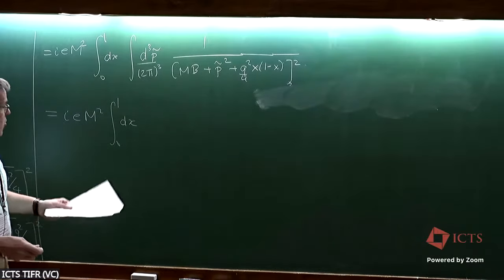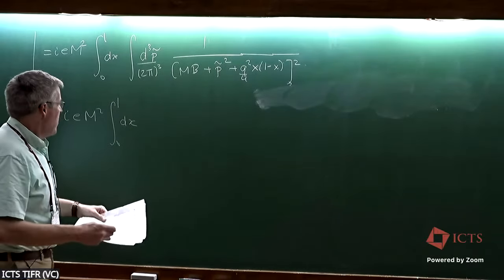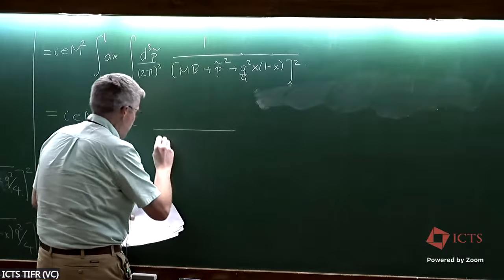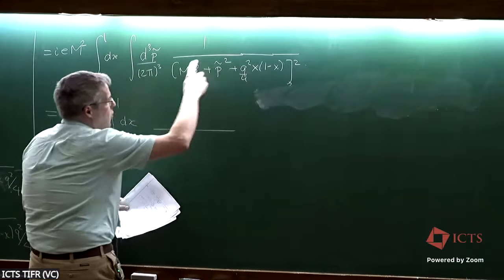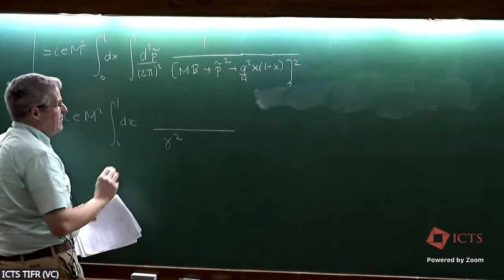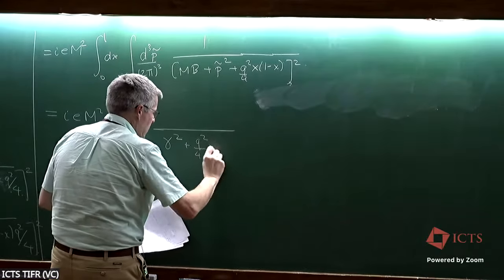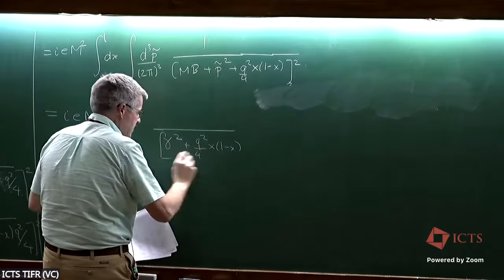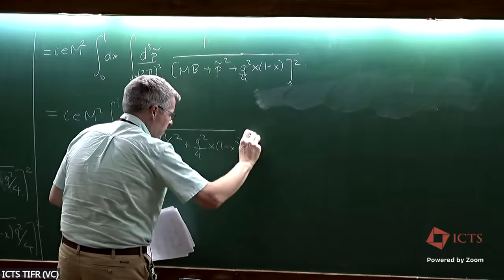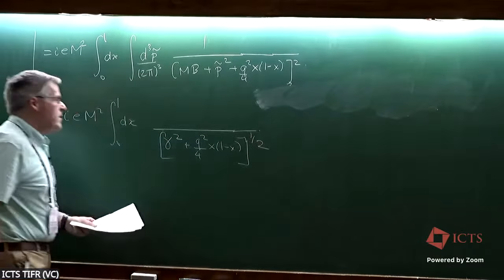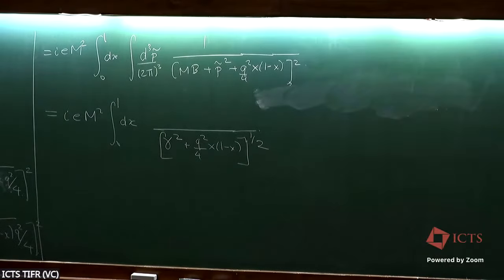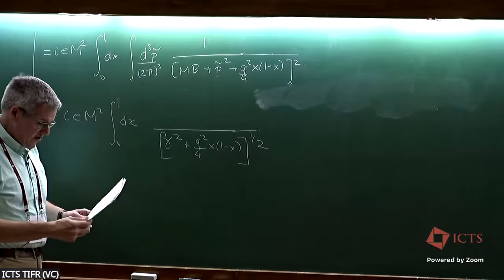So if I call mb gamma squared, we can already guess the dimensionality here, because this is 4 powers of momentum downstairs and we have 3 powers of momentum upstairs. So we know that what has to appear here is this raised to the 1/2 power.